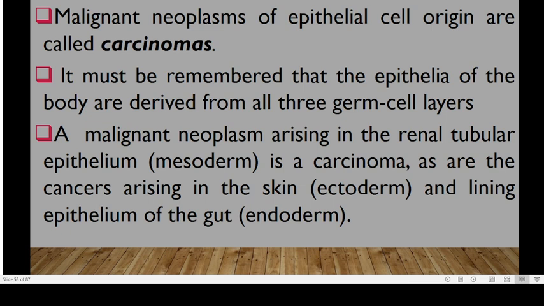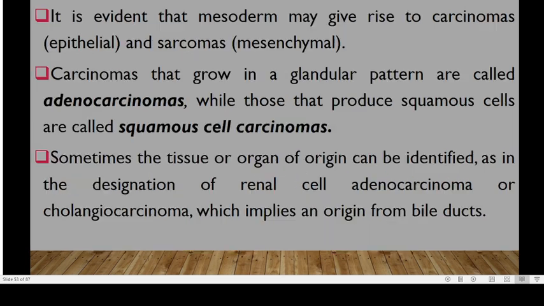It must be remembered, guys, that epithelia of the body are derived from all the three germ layers: ectoderm, endoderm, and mesoderm. A malignant neoplasm arising from the renal tubule epithelium, that's the mesoderm, is a carcinoma, as are the cancers arising from the skin, that's the ectoderm, and the lining epithelium, the endoderm.